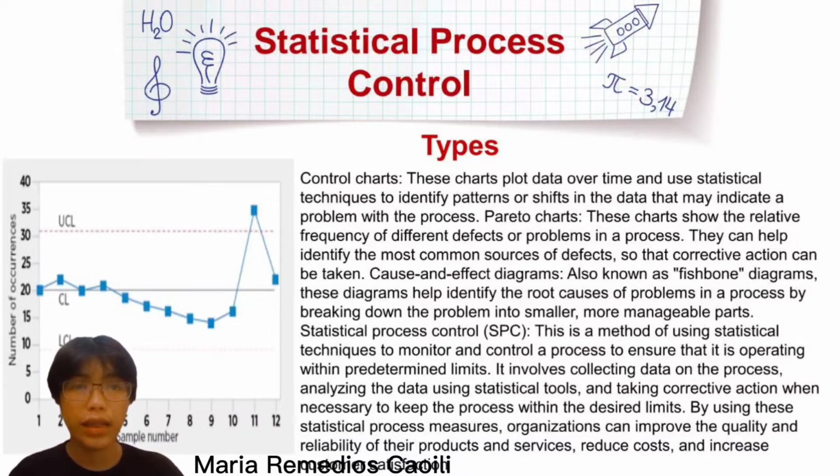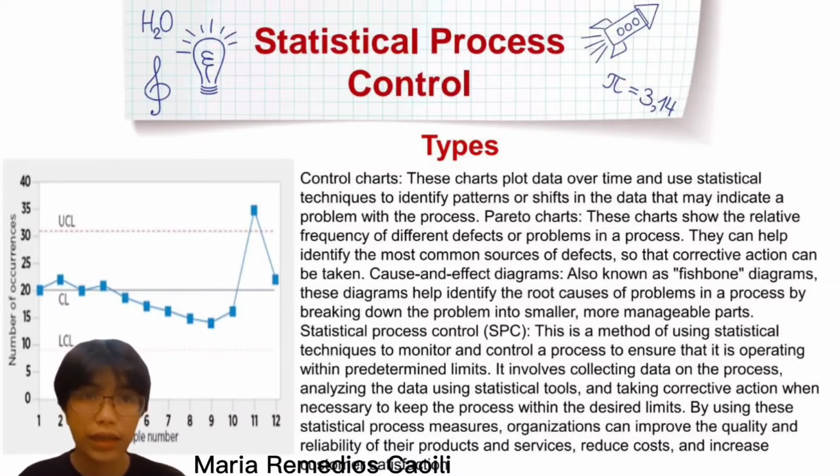They can help identify the most common sources of defects so that corrective actions can be taken. Cause and effect diagrams, also known as fishbone diagrams. These diagrams help identify the root causes of problems in a process by breaking down the problem into smaller or more manageable parts.